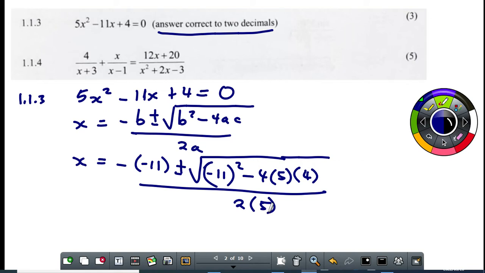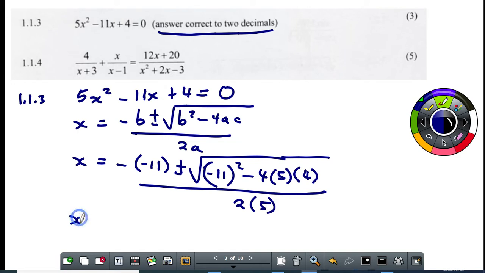So you get a mark for correct substitution into the formula. Okay? Correct substitution means you are just replacing the b by a specific value, the a by a specific value, the c by a specific value. Don't try to simplify and have plus 11. The correct substitution, this is how it's done.